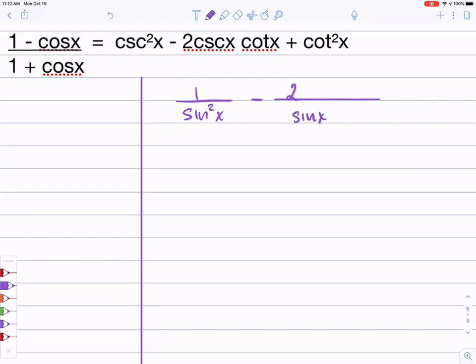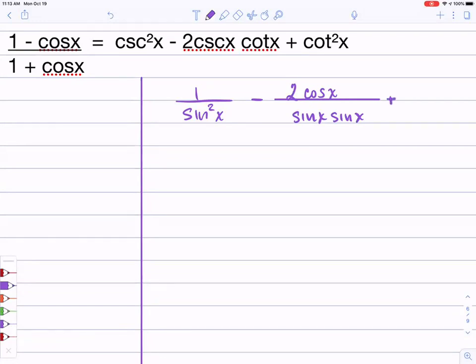And Zykeria, what's the third piece of that? Cosine over sine. So I'm going to put the cosine piece on top. When I put the sine piece on bottom, what is the bottom going to end up turning into? Sine squared. Okay, which is nice because there's a common denominator already that has a sine squared. So it's nice that I've already got a common denominator.